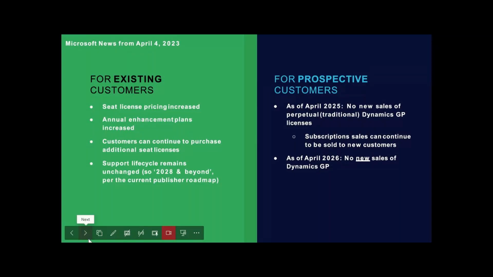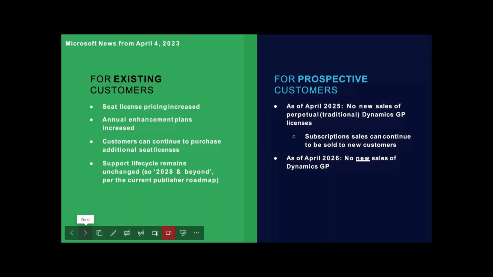Next slide, please. So this news from the publisher, which is Microsoft, came out about a year ago. And I think it's important to start here because this is where the rubber meets the road for existing Dynamics GP customers as well as prospective Dynamics GP customers.